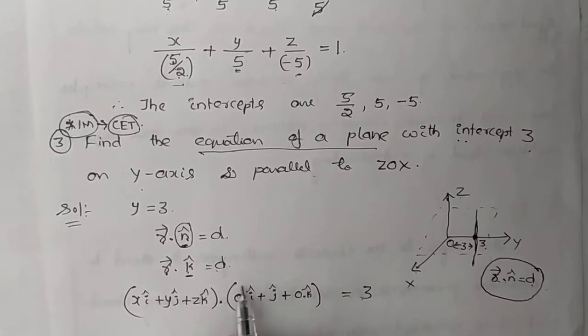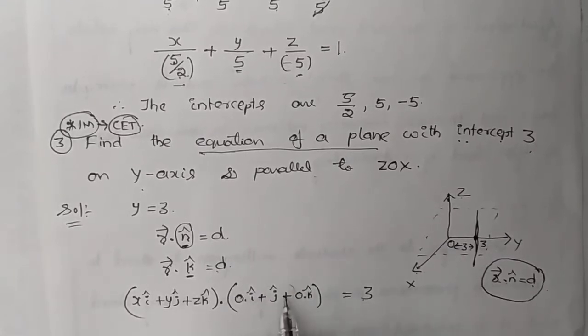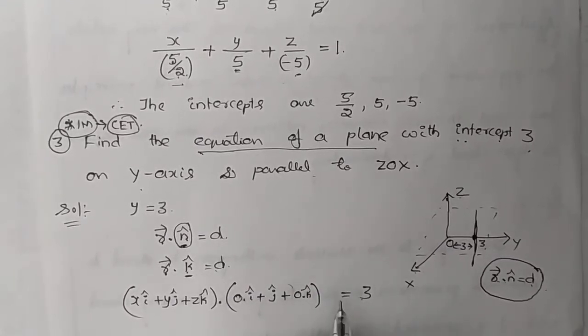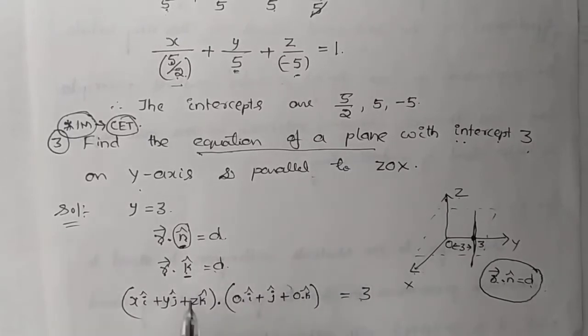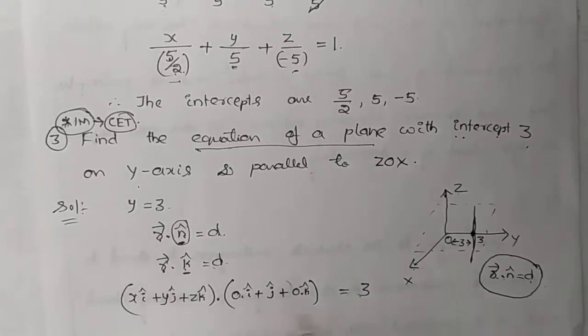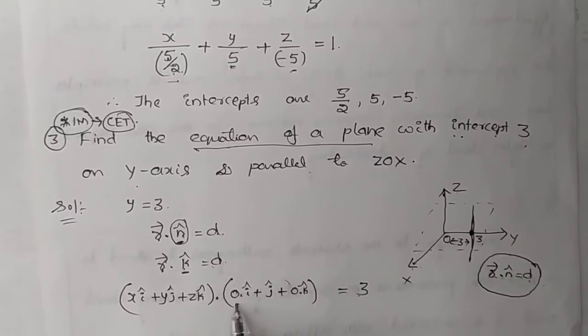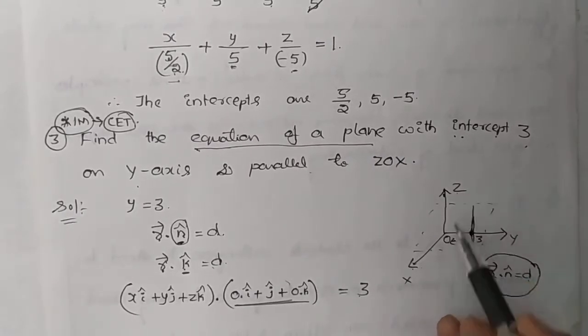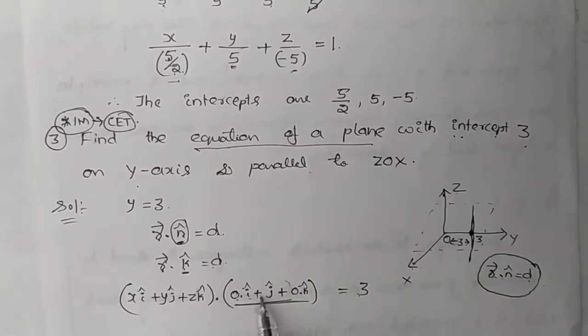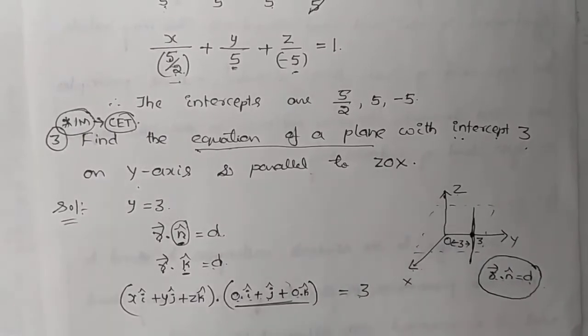If you find the magnitude of this vector, it should be 1, then only it will be a unit vector. Once again, the unit vector of ZOX will be 0i plus j plus 0k.